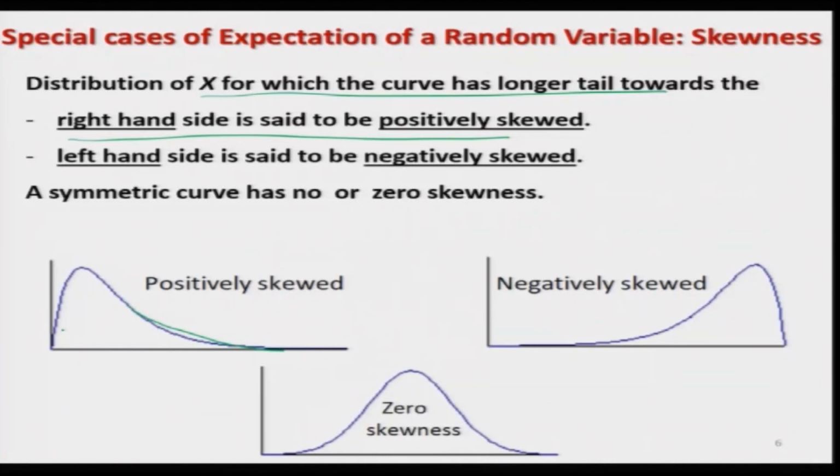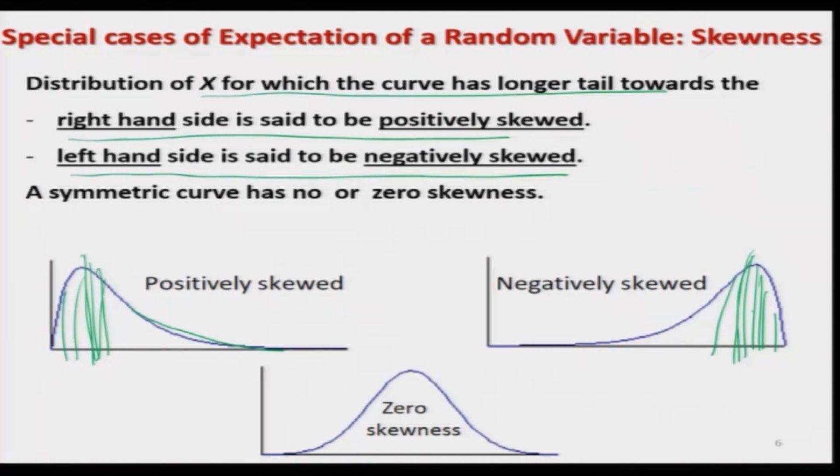So, this type of curve where you have more concentration on the left hand side here, this is called as positively skewed curve, and the opposite where the distribution of X has longer tail towards the left hand side is said to be negatively skewed. You can see here in this case there is more concentration on the right hand side of the curve and the tail here is longer.